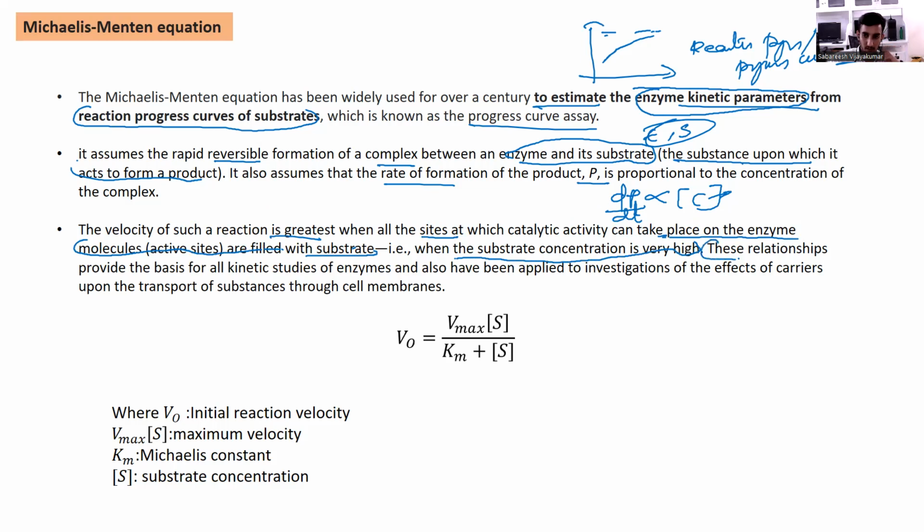These relationships provide the basis for all kinetic studies of enzymes, and have also been applied to the investigation of the effect of carriers upon the transport of substances through cell membranes. The equation tells us how the behavior of the enzymes is influenced by the substrates.